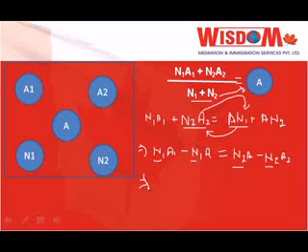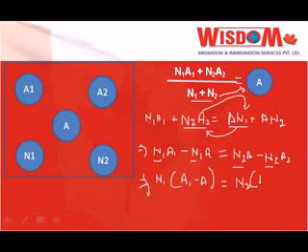If I take N1 common, I get A1 minus A, and if I take N2 common, I get A minus A2. So just by bringing N2 and N1, from this equation I get this one. I hope everyone is understanding what I'm doing here.